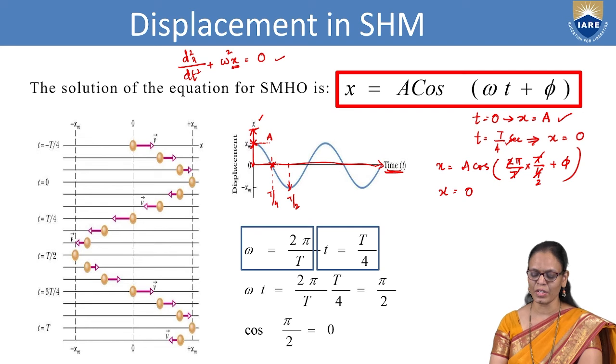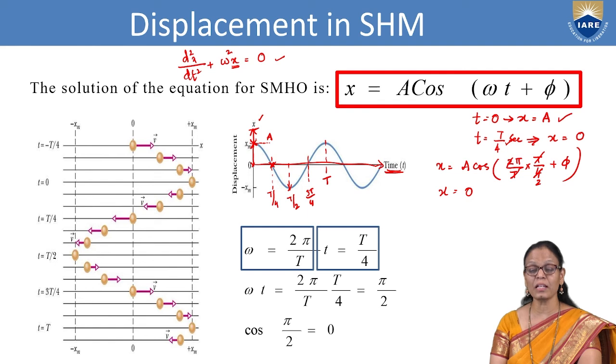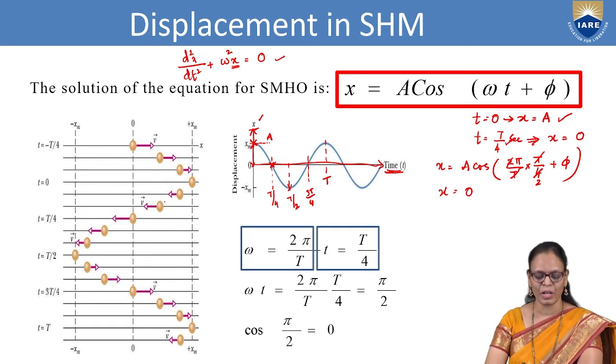So 0, T by 4, T by 2, this will be 3T by 4 and this will be at T. What we are trying to understand is, in a period T, how the displacement of the particle varies. If you see here, we are showing the time t is equal to 0.